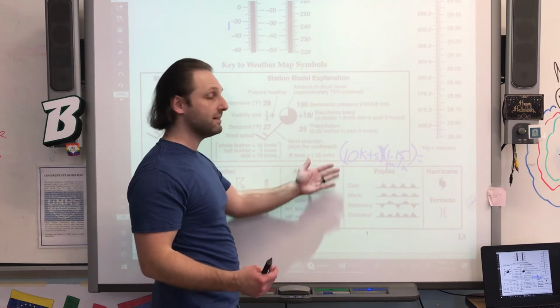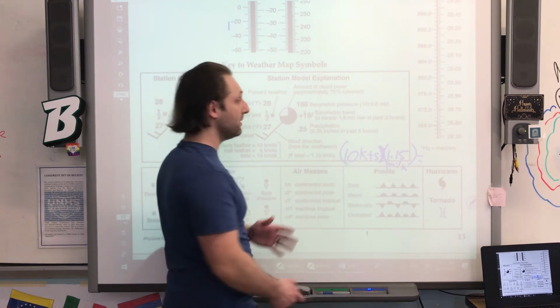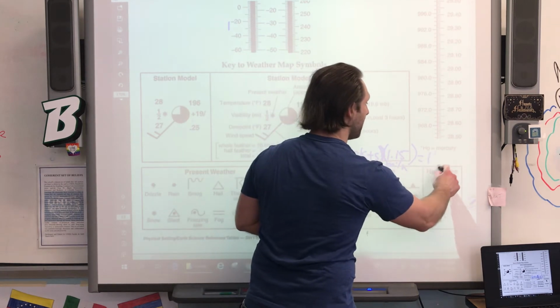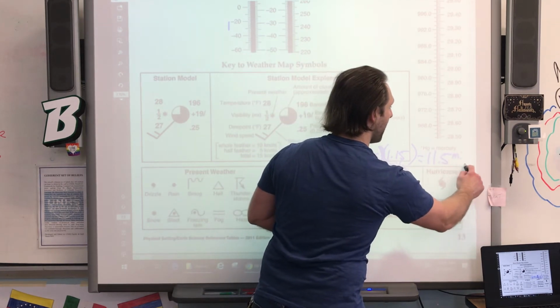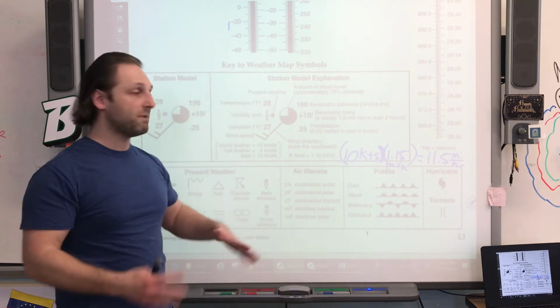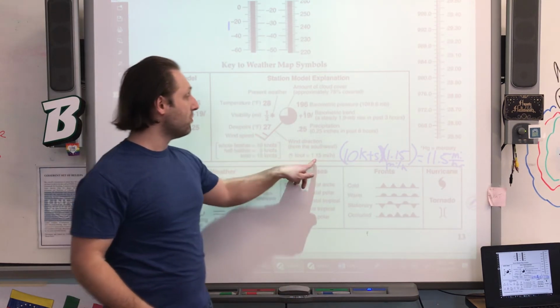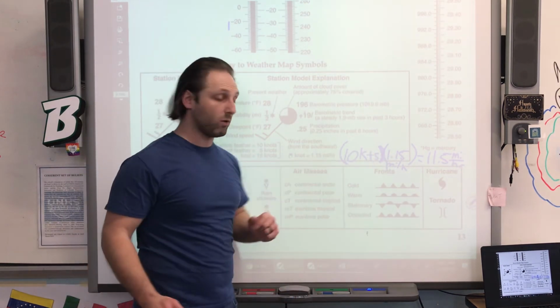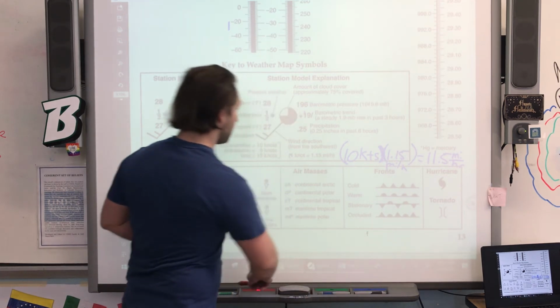If we have 10 knots, you multiply by the conversion factor. In our example here, it's 11.5 miles per hour. So if you're given knots, you multiply by this factor to get miles per hour.